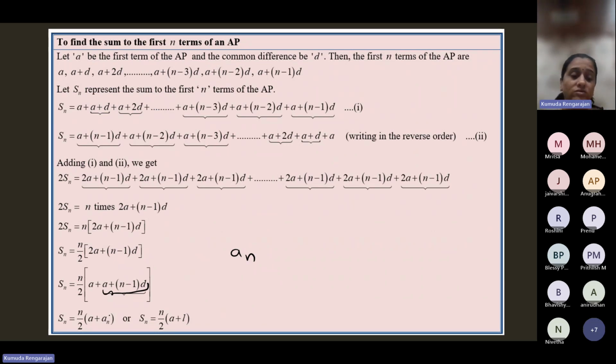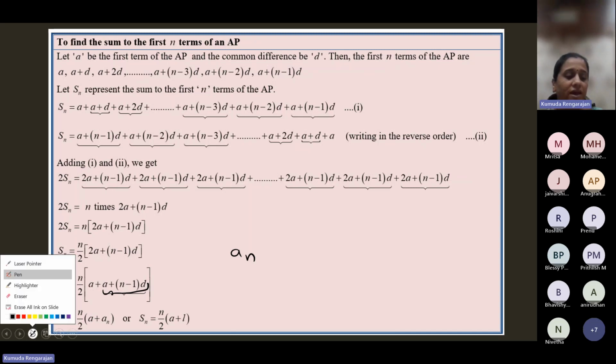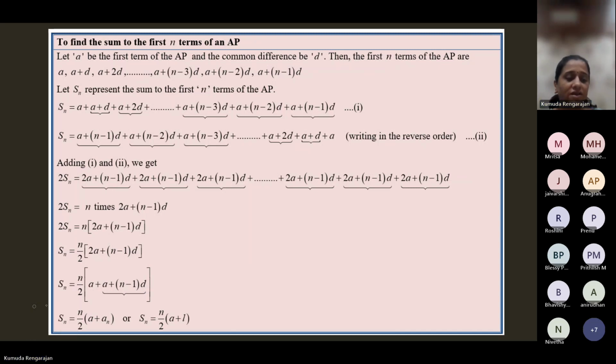So you have another formula: Sn is equal to n by 2 of a plus an, that is the first term plus the last term. Sn is equal to n by 2 of the first term plus the nth term. Like if you're finding the sum of the first 50 terms, S50 is equal to 50 by 2 of the first term plus the 50th term.